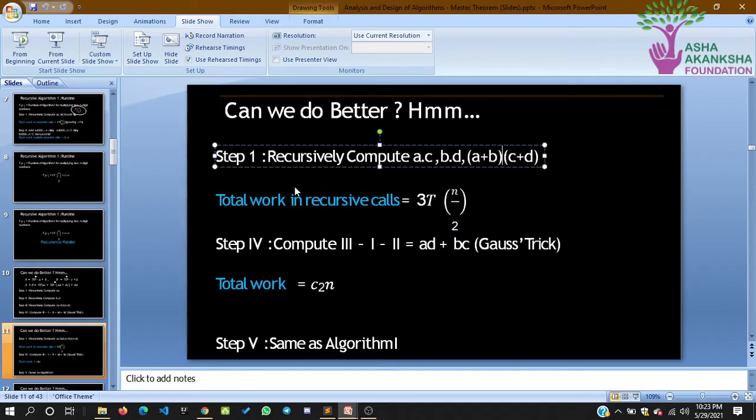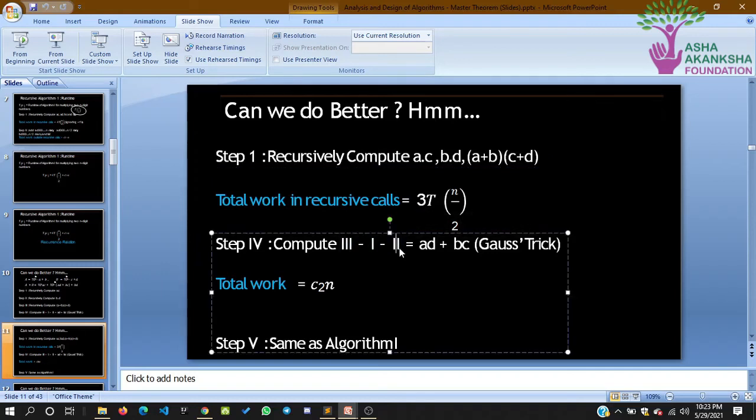Now, therefore, we can say that the total work done in recursive calls is 3 into T of the order n by 2, and then we have to calculate the work done outside the recursive calls. In the worst case, this will take the order of n time.